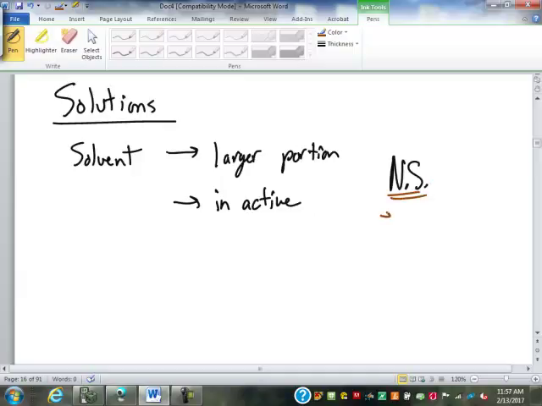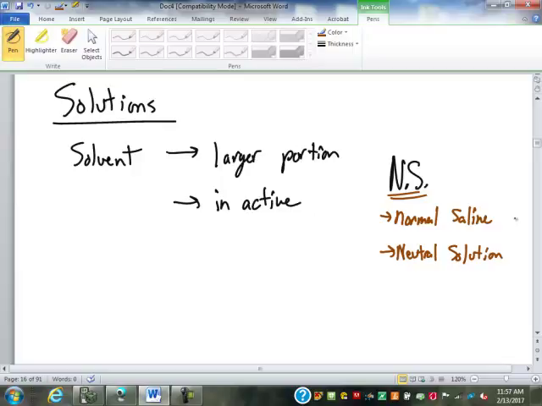One of the abbreviations it stands for is normal saline. Normal saline is just pH balanced sterilized water. Or it can be used to mean neutral solution. In other words, a solution that has no medicinal value at all, no medical value at all.